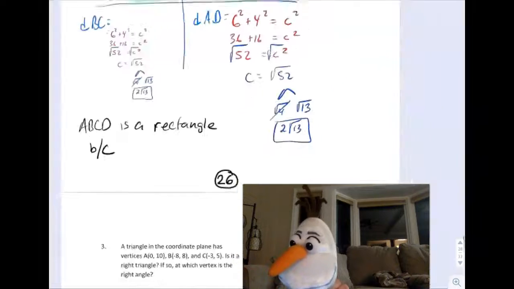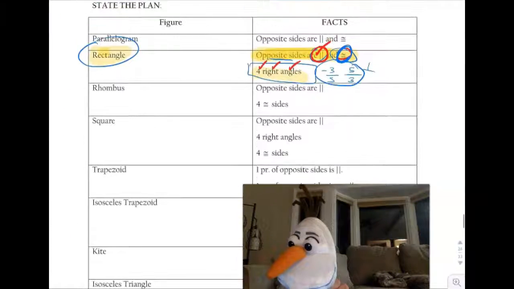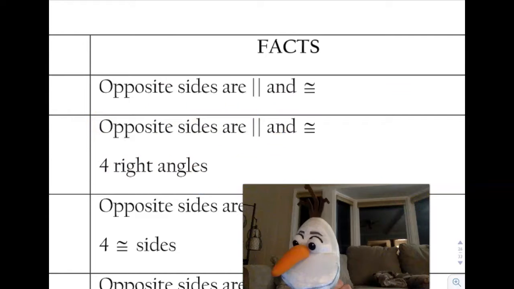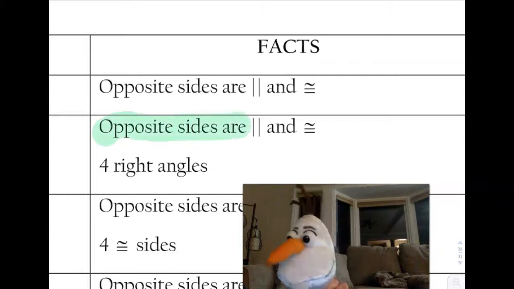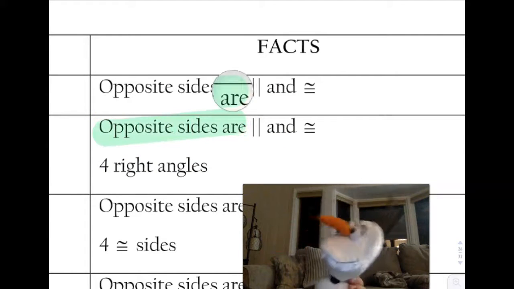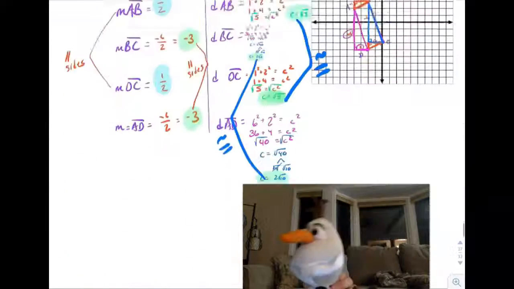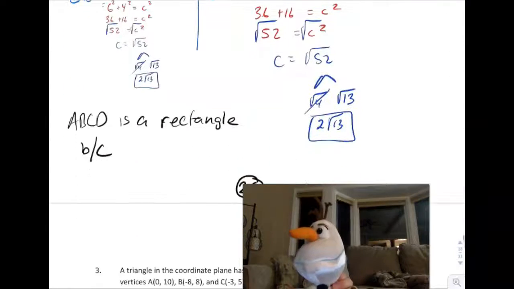Because, did we do all the stuff it said up here? Because opposite sides, look up here, opposite sides are parallel and congruent, and it has 4 right angles. And you proved that with all that work.